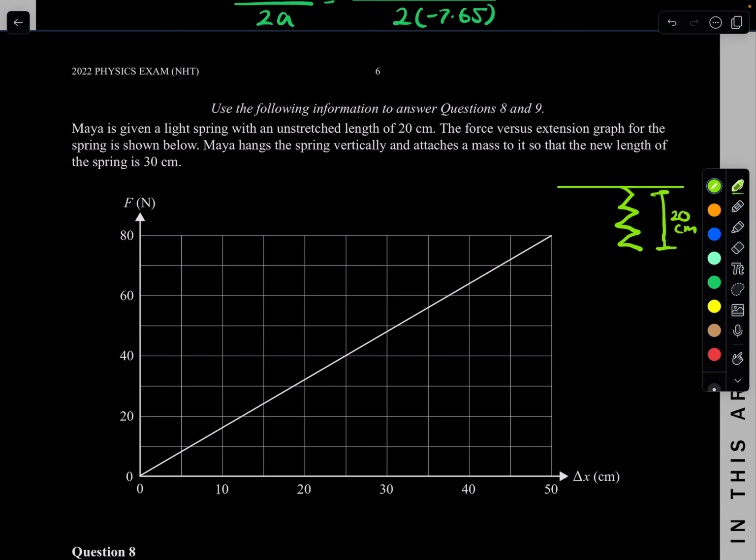And so when she adds a mass, of course, it's going to stretch more. And this is your mass. Of course, it gets stretched by another 10 centimeters now. So imagine this is another 10 centimeters. And so the new length is 30 centimeters.